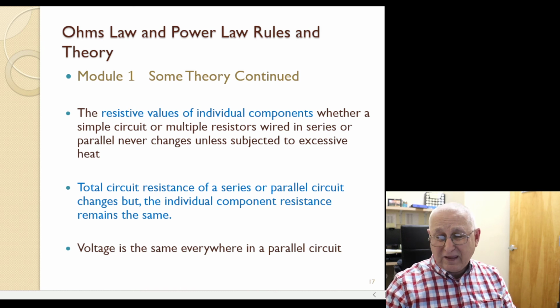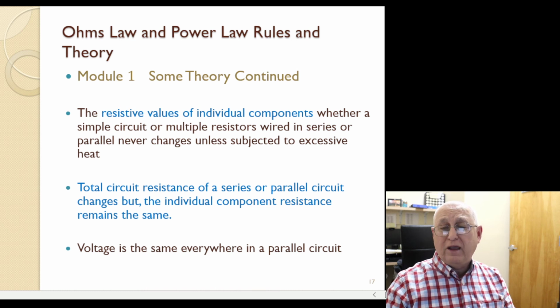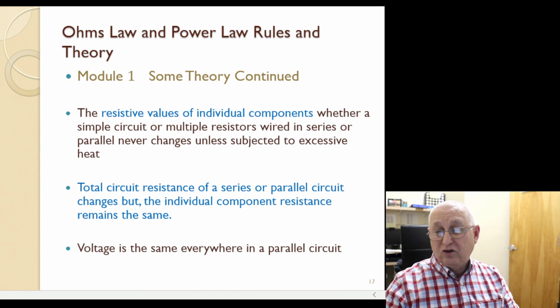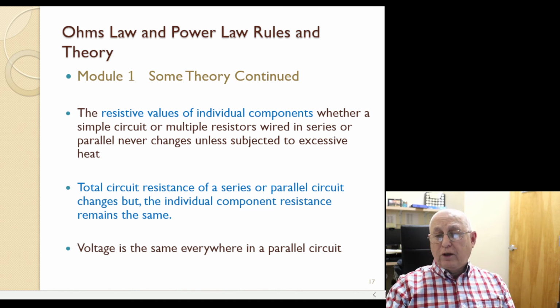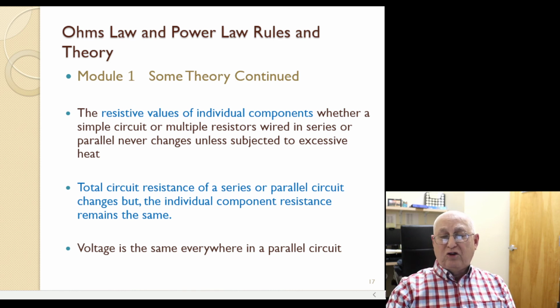Those values at the individual resistors do not change. The total circuit resistance can change, but never the individual resistors. Total circuit resistance of a series or parallel circuit changes, but the individual component resistance remains the same.